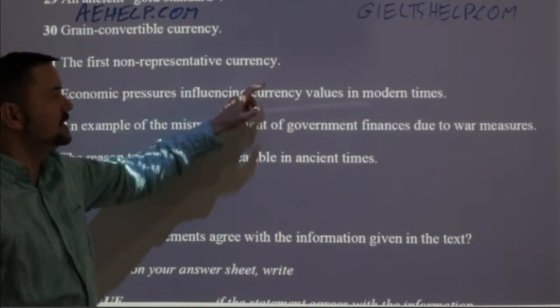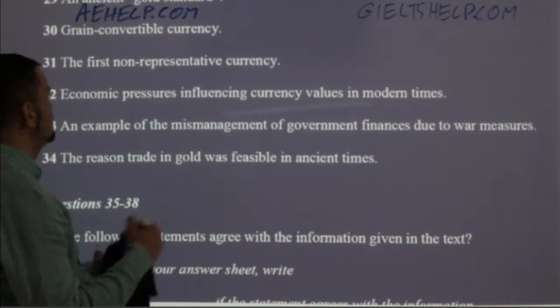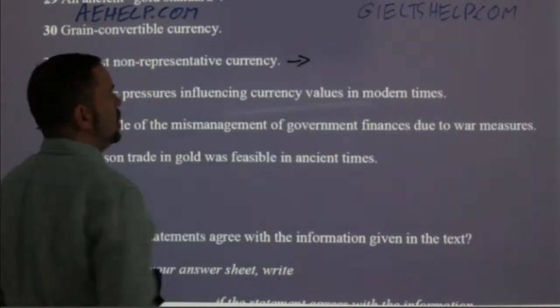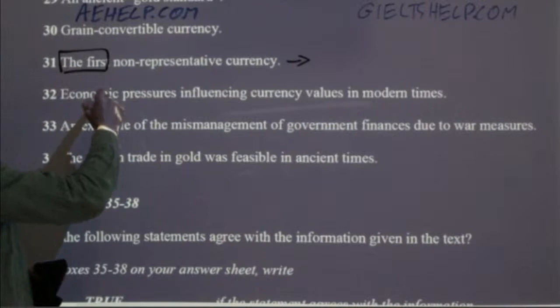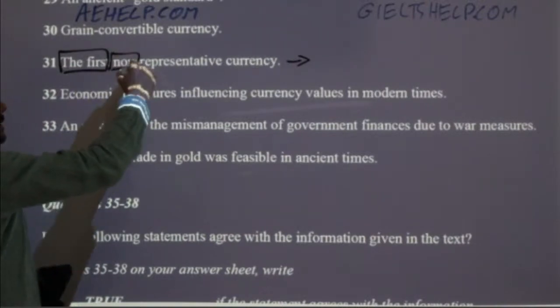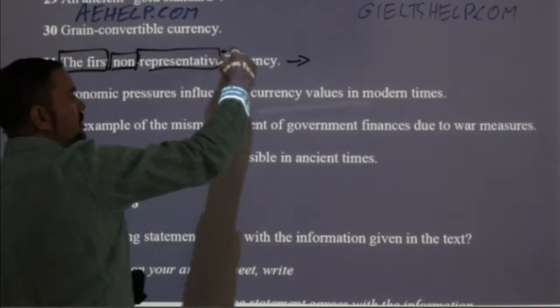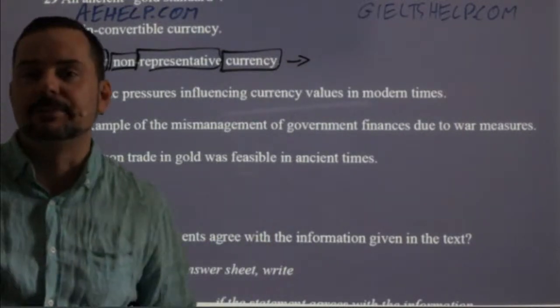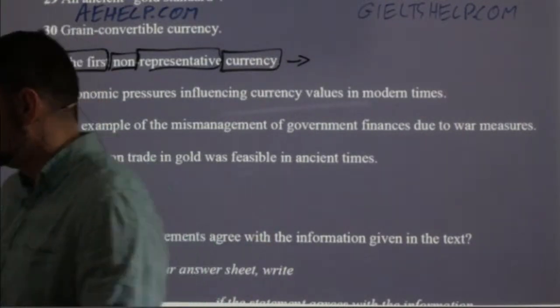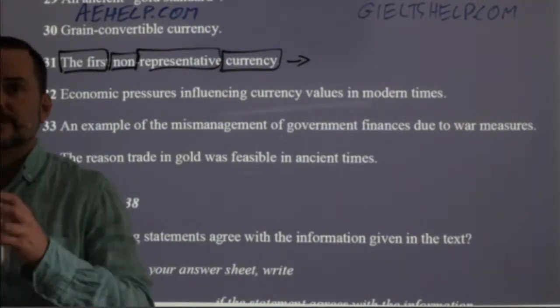non-representative currency. How would we paraphrase that one? The first non-representative. So again, break it into the elements. First non-representative currency, right? How could we do that one? So give me a nice paraphrase for that.